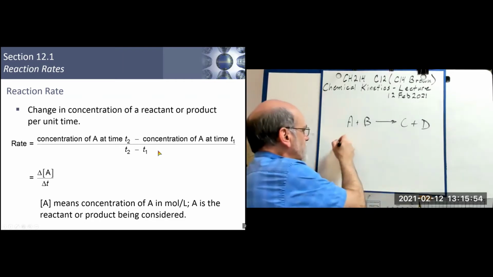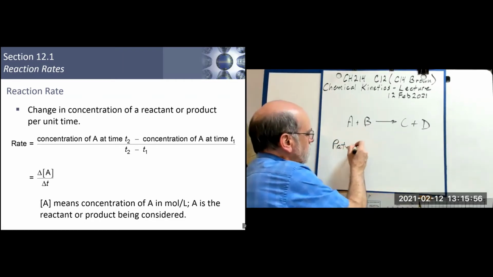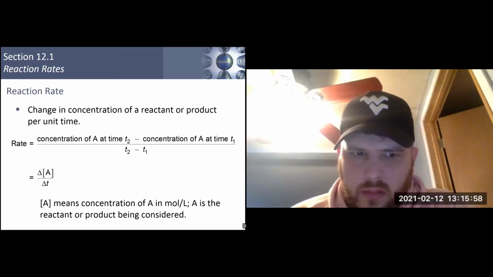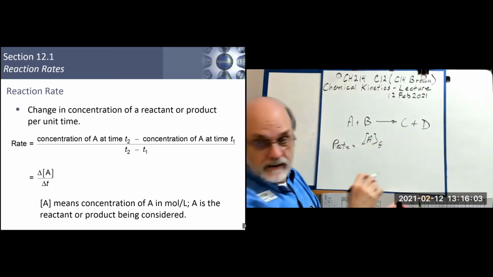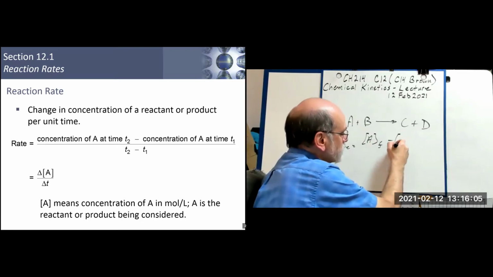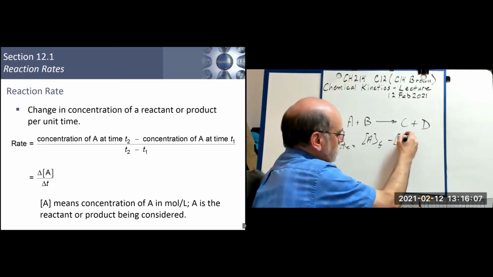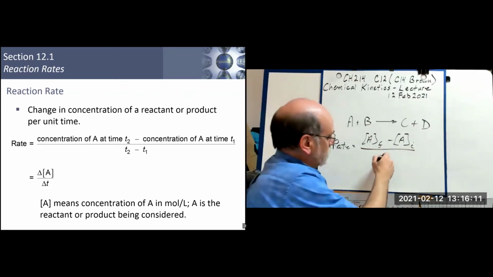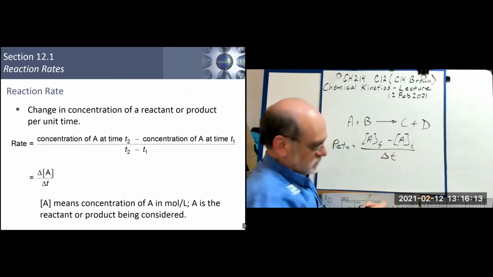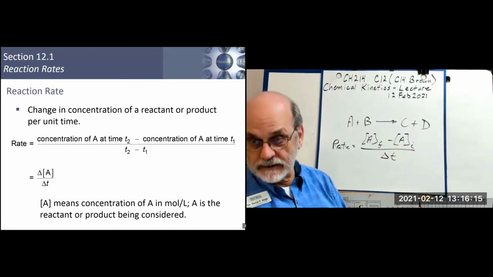The rate would be the concentration of A final at the end, and then subtract what was it to start with. And then how long did it take? What's the change in time?